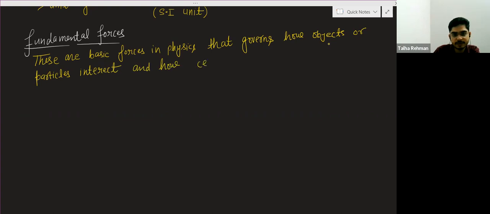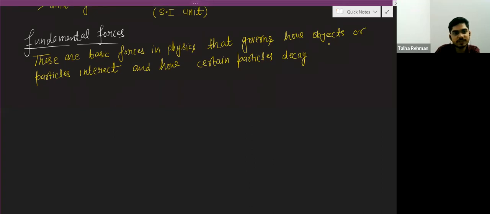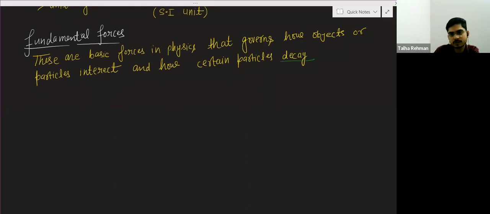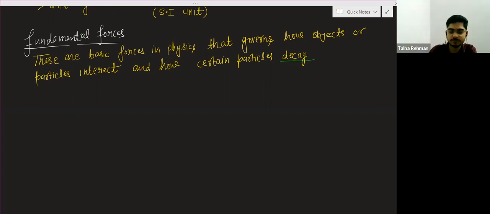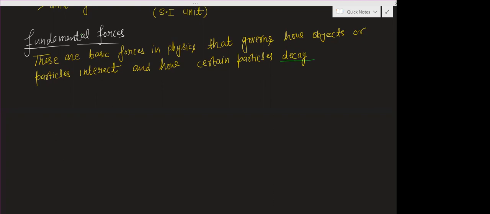And one more line you can write: and how certain particles decay. Have you heard what decay is? Decay, like when something goes bad, or bacteria goes onto something and starts to decay, like on your teeth or gums.